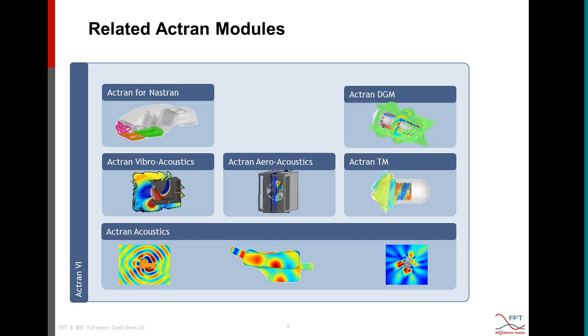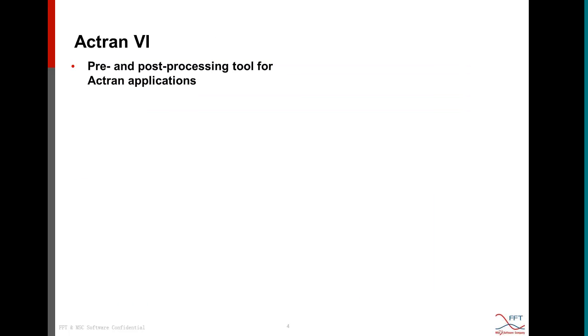So all these Actran modules are accessible in the Actran VI, or the Actran Graphical User Interface, and it is essentially in Actran VI that the Application Programming Interface is accessible. So some words on Actran VI before starting the review of the API. I will first briefly introduce you the Actran VI and its accessory utilities.